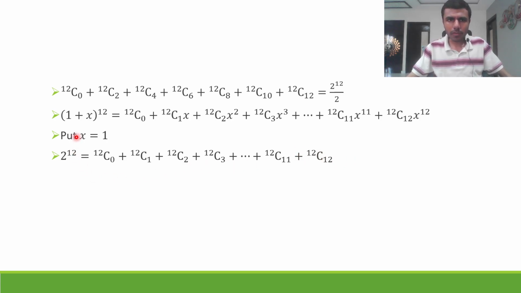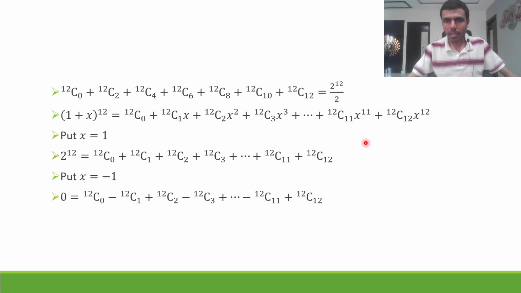Now next, in the same equation, put x as minus 1. So this would be 1 minus 1, 0. 0 power 12 is 0. So 0 is equal to 12c0, and since x is minus 1, I'll get minus 12c1 and minus 12c3. Wherever you have an odd power, the r values are odd, so minus is there. Now add this equation and this equation.